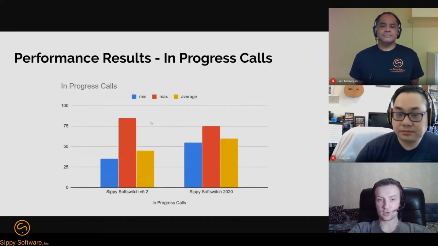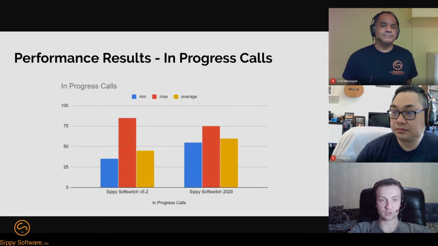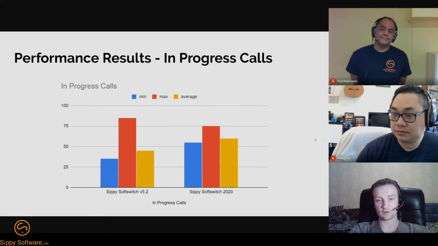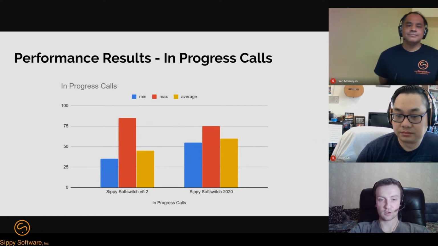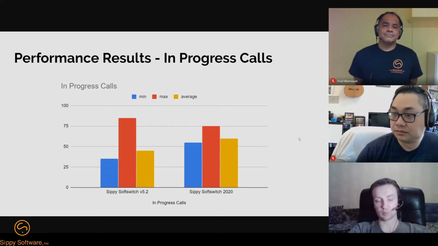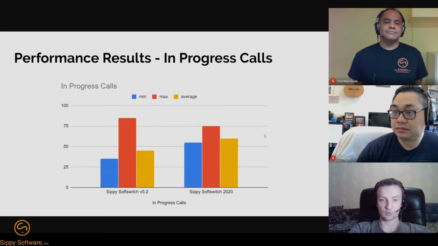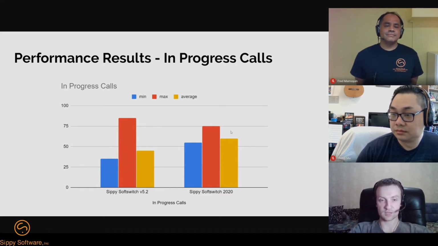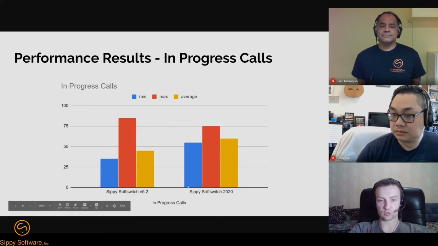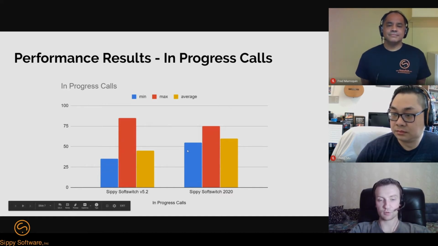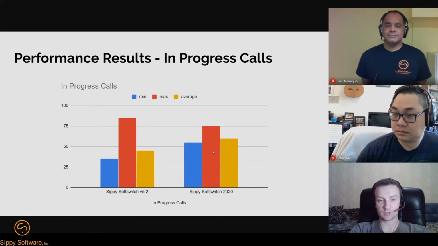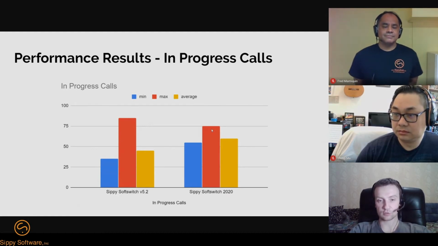So if you check the in-progress calls results, again this graph in CP 2020 was a little bit affected by the bigger number of calls that were placed via CPS. As you can see, the max number of in-progress calls has slightly decreased, but the average number of calls has increased since the CPS was higher.